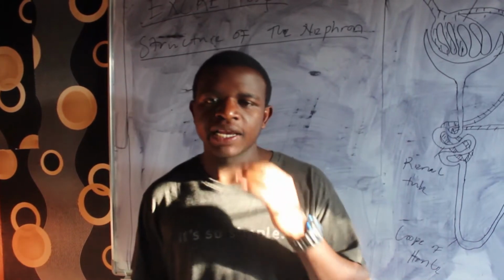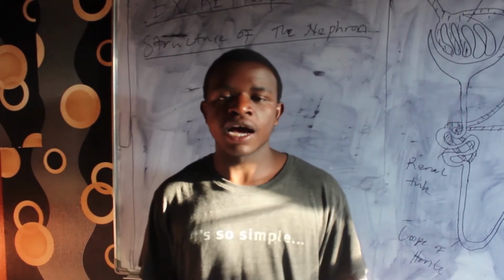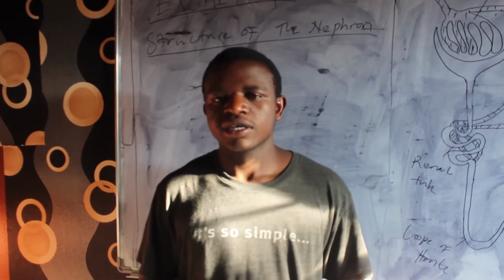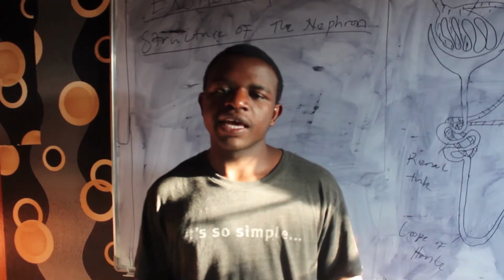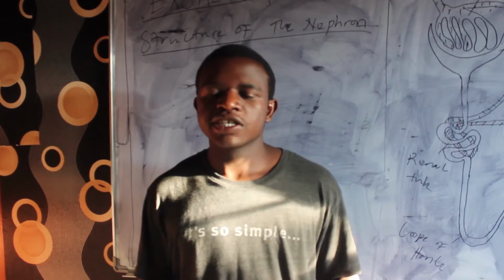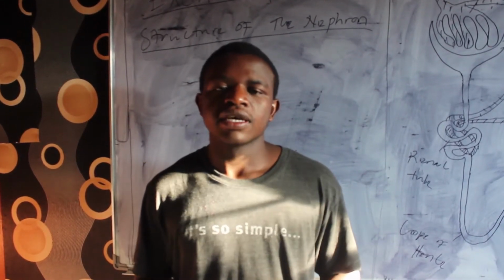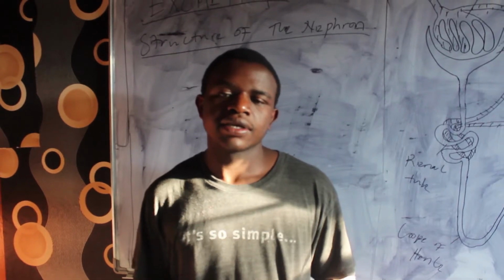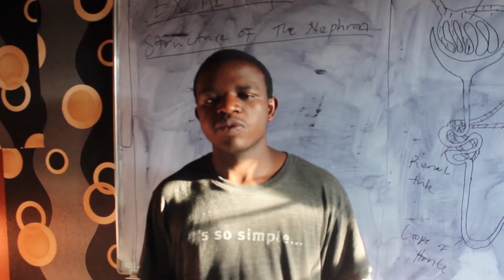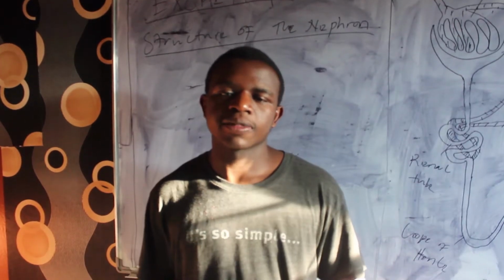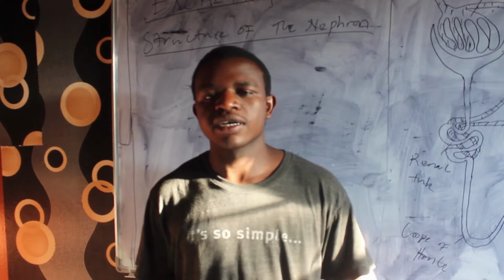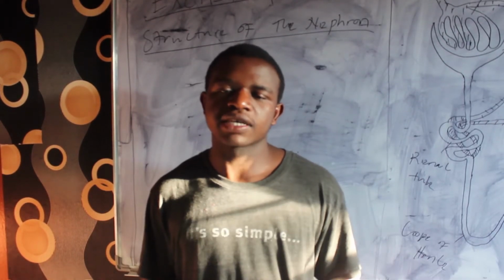Each kidney is supplied with oxygenated blood by the arteries. When the arteries enter the kidney, they subdivide into the arterioles, and the arterioles further subdivide into the capillaries. Thousands of capillaries form a knot which is referred to as the glomerulus, and the glomerulus is surrounded by a cup-shaped structure referred to as the Bowman's capsule.